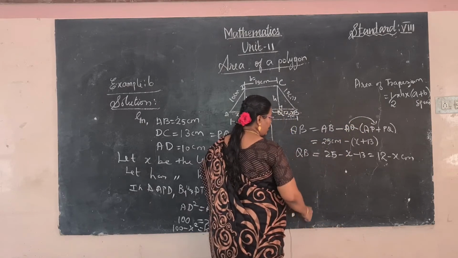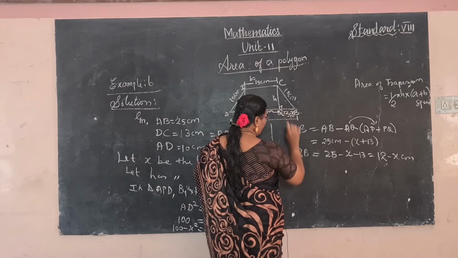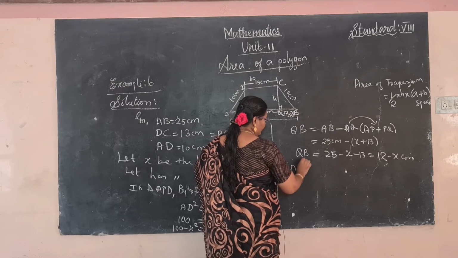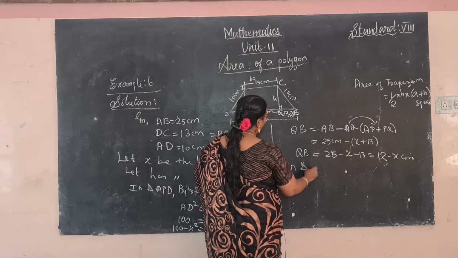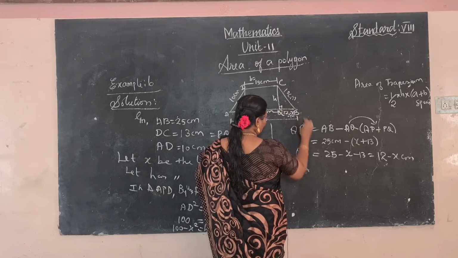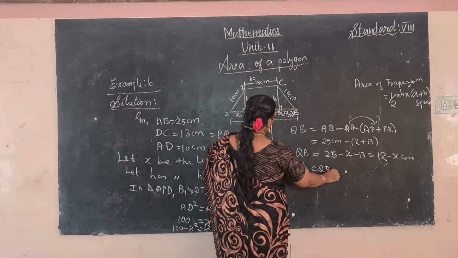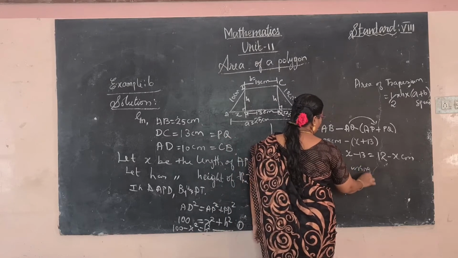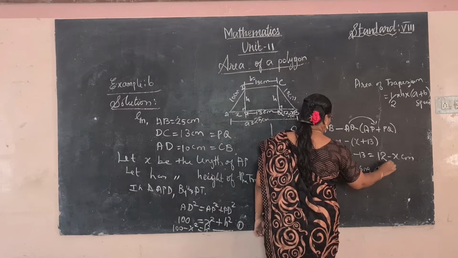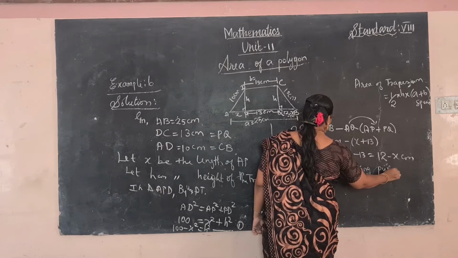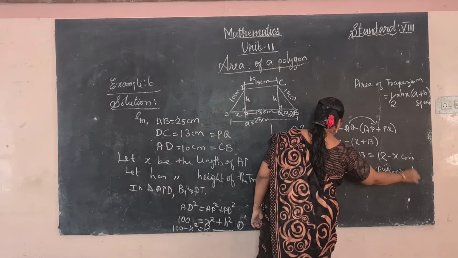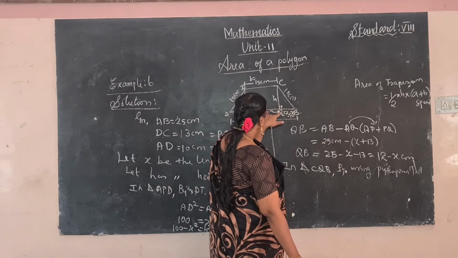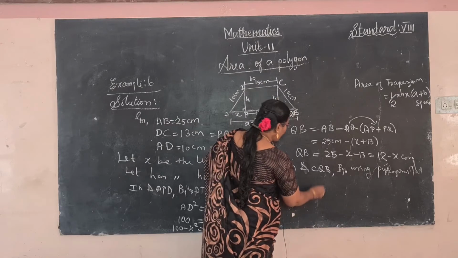Now we calculate by using the Pythagoras statement. In a right angle triangle CQB, by using the Pythagoras theorem, the hypotenuse side is 100.